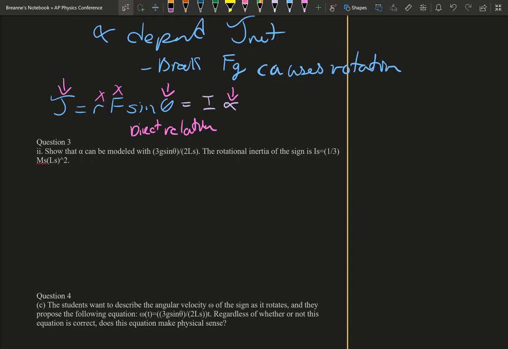So show that alpha can be modeled with that lovely equation, and rotational inertia of the sign is that lovely equation. So basically they're asking us to derive those equations. So we have our net torque equals I alpha.